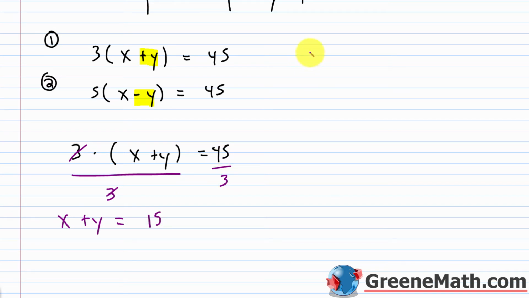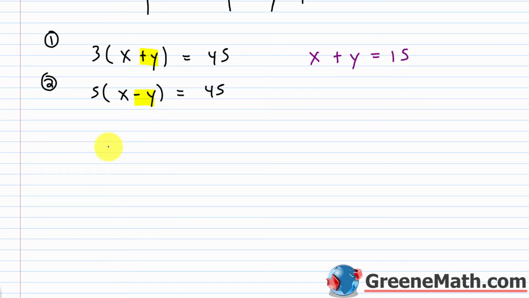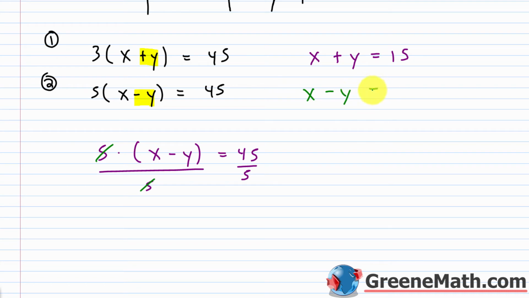So I could write this as x plus y equals 15. Then for this one, I could do the same thing. If I have 5 times the quantity x minus y equals 45, I can divide both sides of the equation by 5. This will cancel. I'll have x minus y is equal to 45 over 5, which is 9.